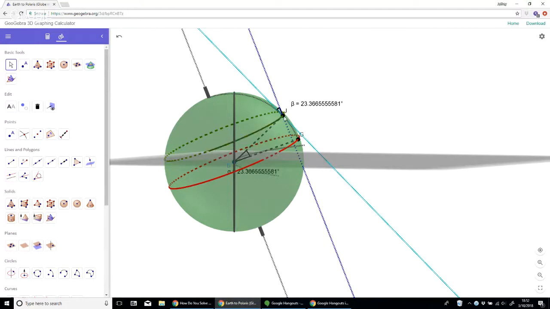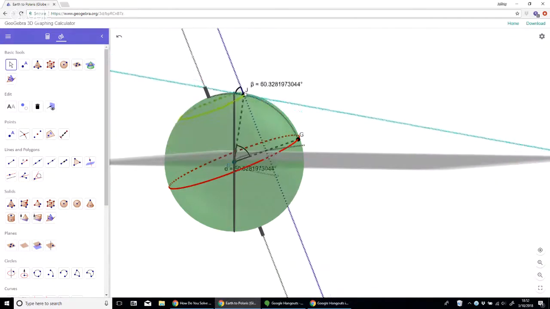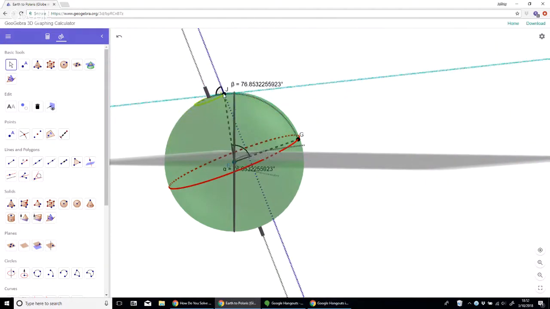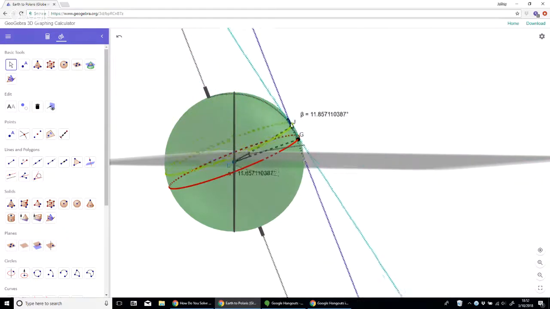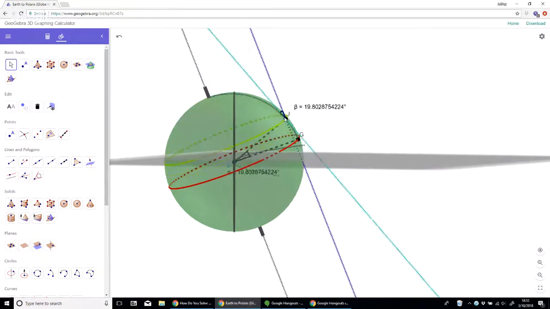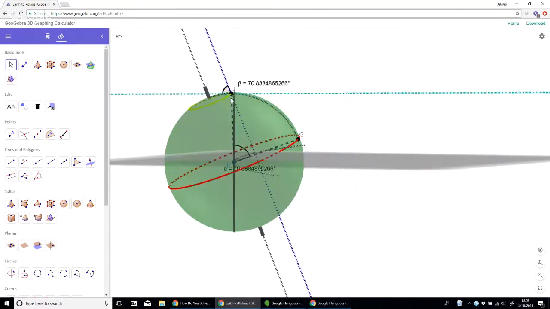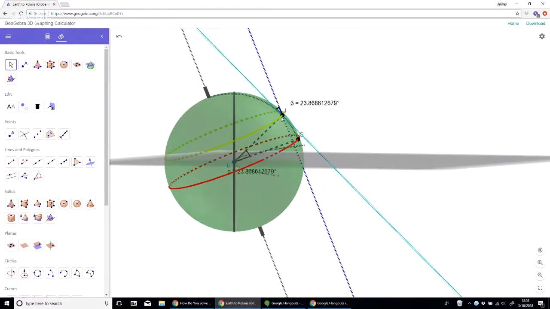Okay. And you'll notice that those two angles, alpha and beta, remain exactly the same no matter where I put J on the surface of the Earth. No matter what line of latitude north of the equator J is at, his latitude is the same angle measurement.